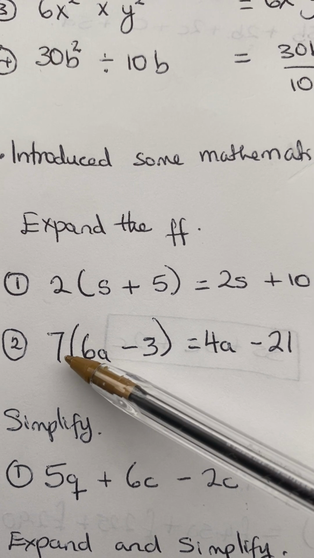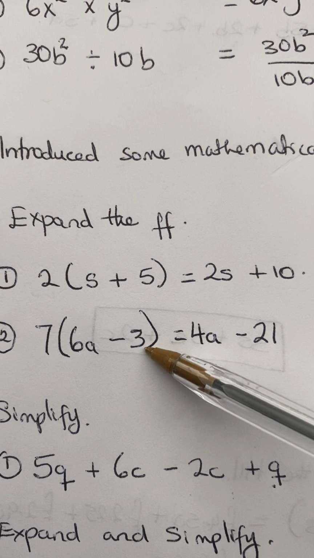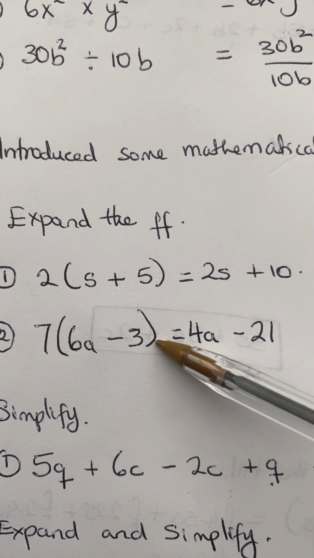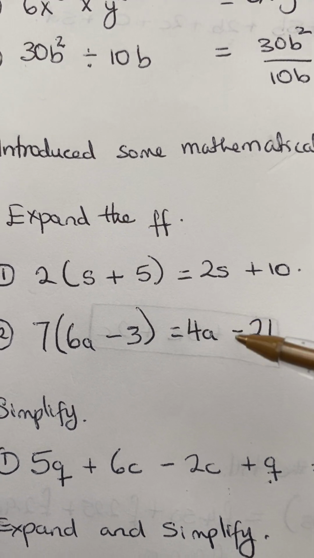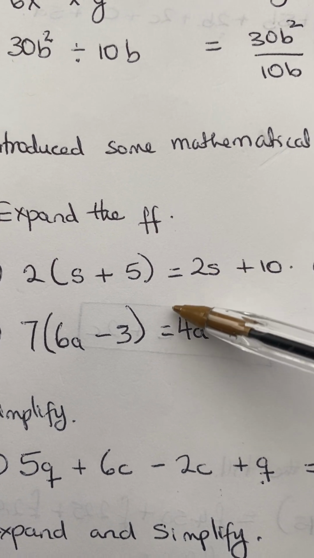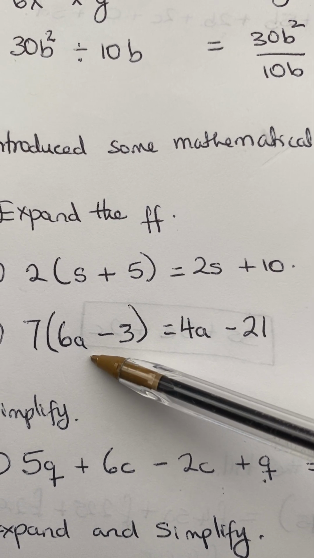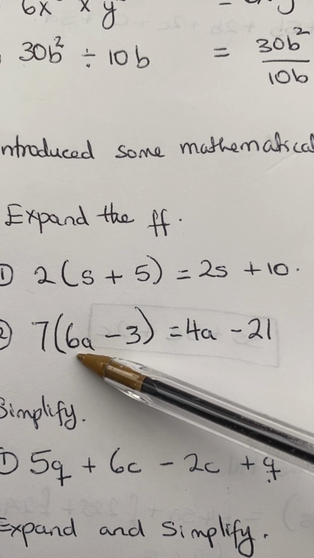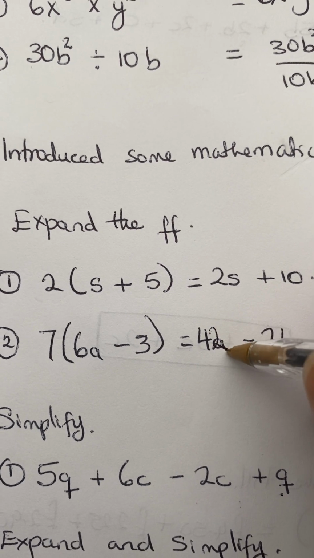Number 2, 7 into the bracket 6a minus 3. Okay, so 6a minus 3 is in the bracket, and it said expand. Okay, in our first few videos, we've taken this and we've moved it that way. So 7 times 6 is 42, not 4, please.